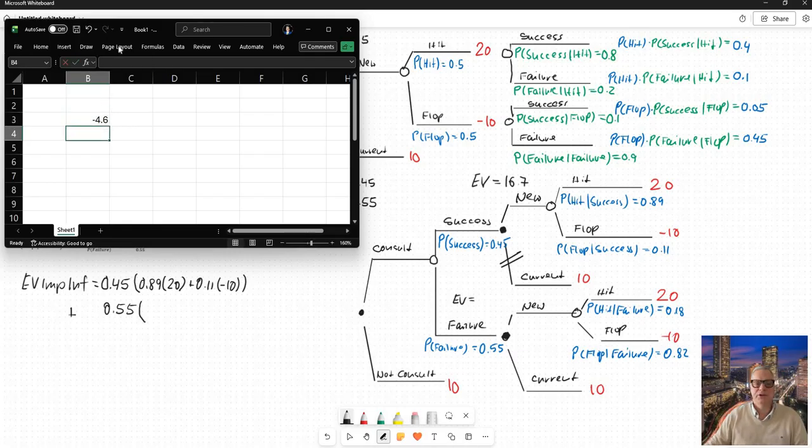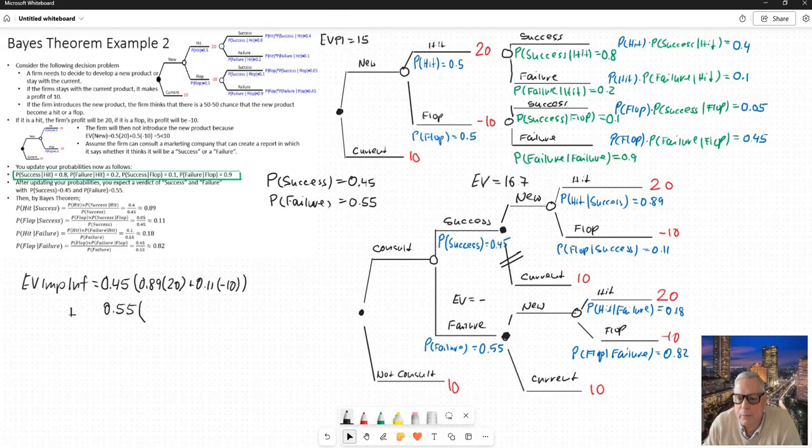That gives us a loss of 4.6. So if the consulting company tells us they think it will be a failure, you will not introduce the new car, but go with the current, and you can expect a profit of 10.